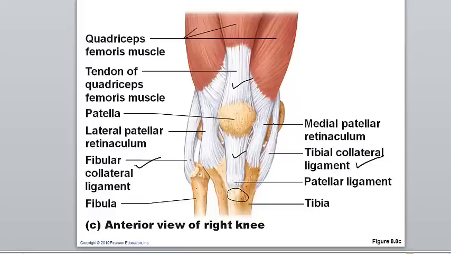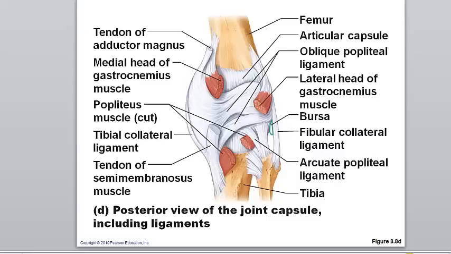Apart from the collateral ligaments on the lateral and medial side, you have your lateral patellar retinaculum and medial patellar retinaculum. All these ligaments reinforce your knee joint. Let's look at more of them. Here you can see your tibial collateral ligament, like I said, and your fibular collateral ligament on this side.